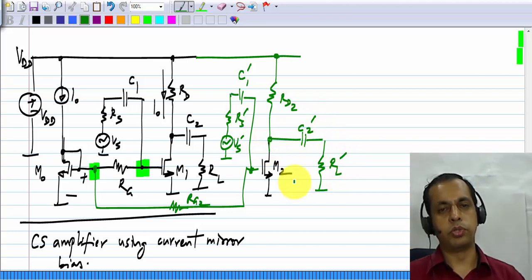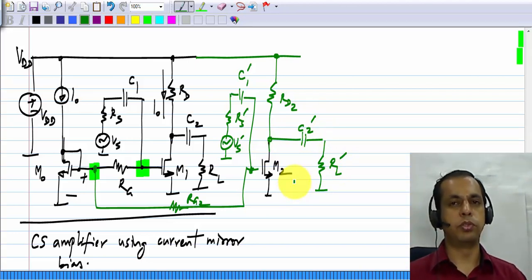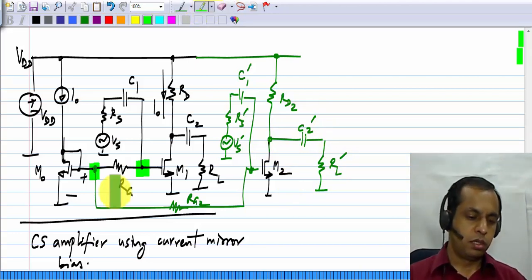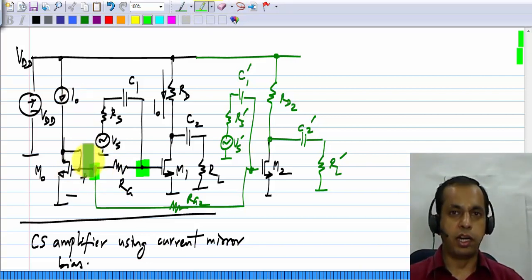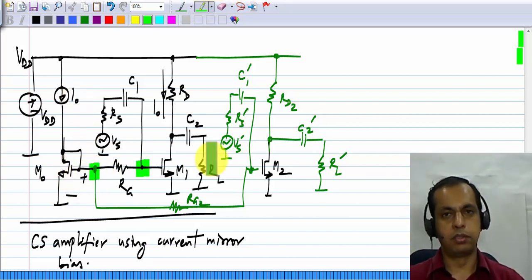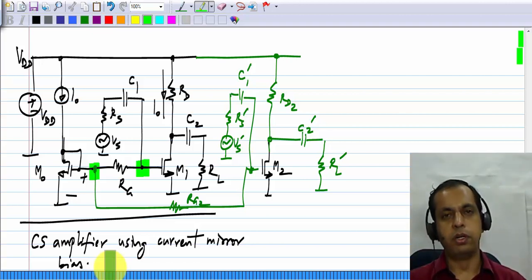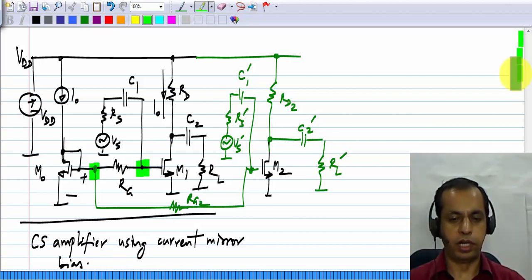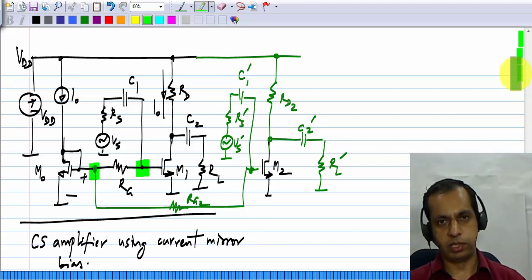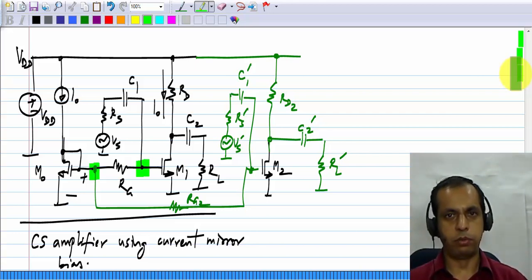So that's another common source amplifier, and you can bias a whole bunch of common source amplifiers with this constant current derived biasing using a current mirror. So that's the advantage of this. I hope the logic of deriving the circuit is very clear. Otherwise please go through it step by step and make sure that you understand every one of them.